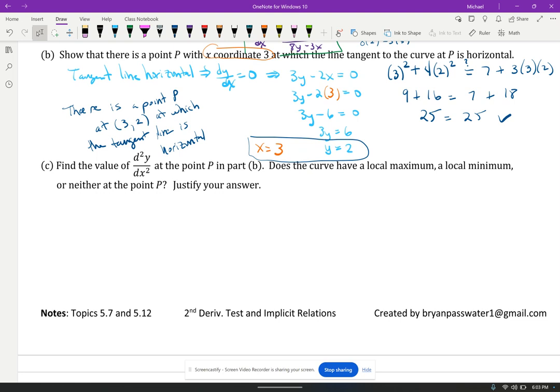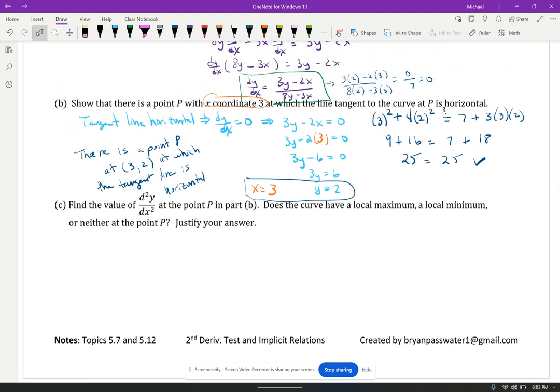Well, how do I find the second derivative? Oh, by taking the derivative of the derivative, right? If I can take the derivative of the derivative, then I'm good. So the second derivative of y with respect to x is equal to the derivative of the derivative.